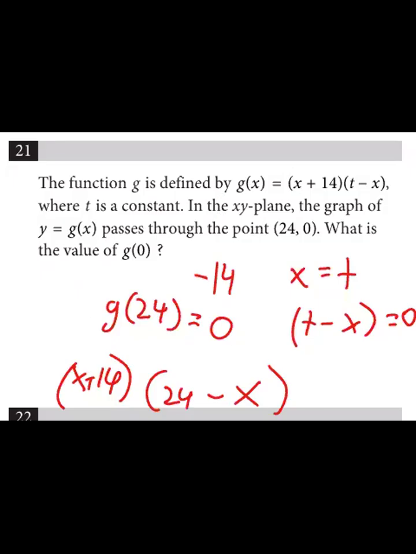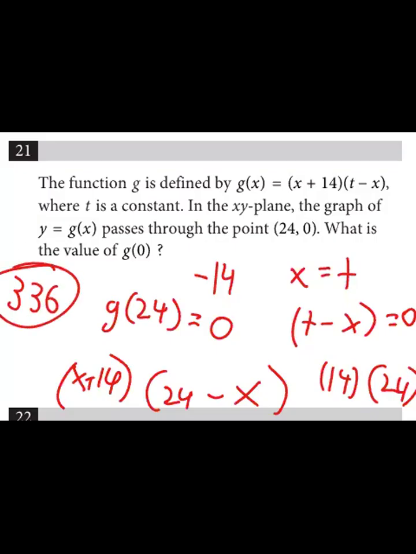So to find g of 0, we can just plug in 0 for x. So we have 14 and we have 24, and 14 times 24 is equal to 336. So which is the correct answer then?